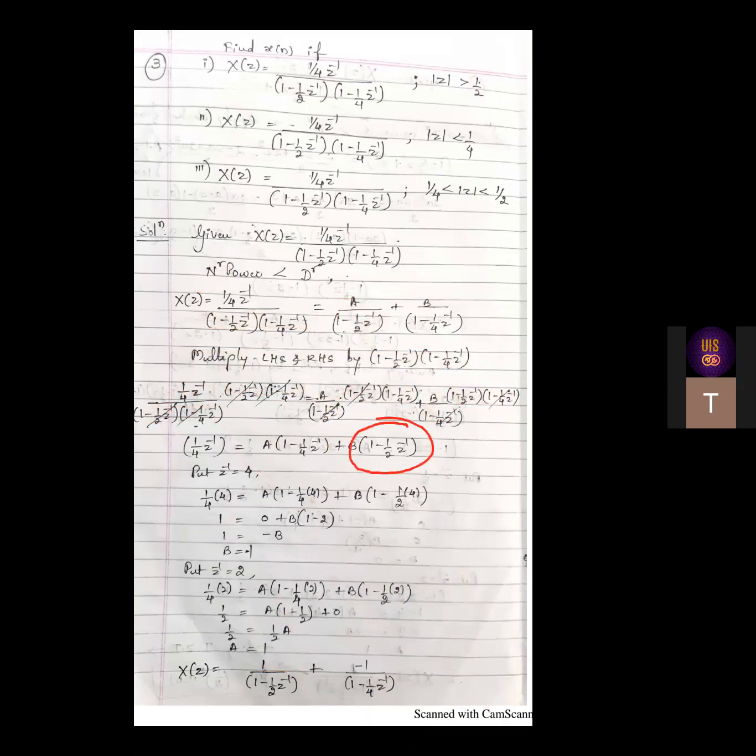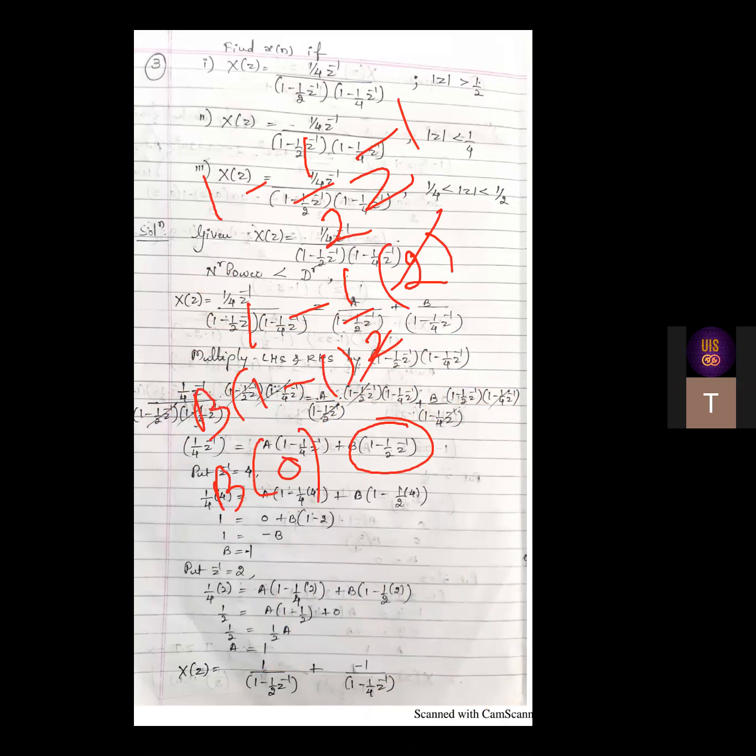If you observe, B has the bracket 1 minus half z inverse. Now, what value of z inverse will make B 0? If you put z inverse as 2, these two get cancelled, you will get 1 minus 1, so B into 0. So z inverse should be put as 2.